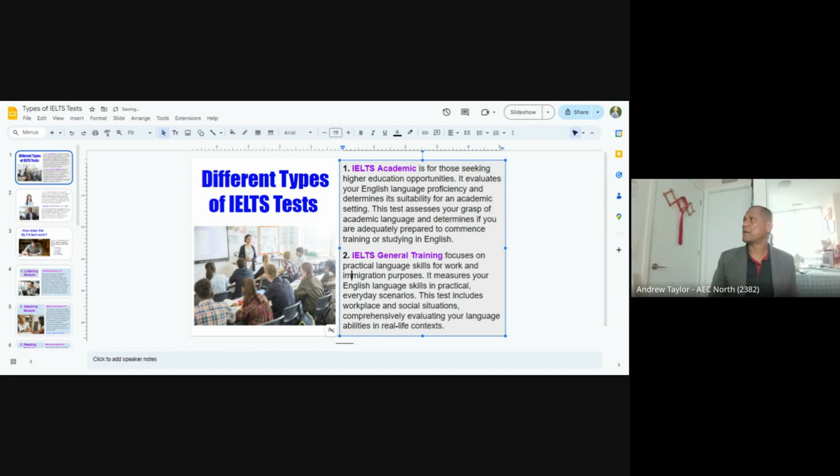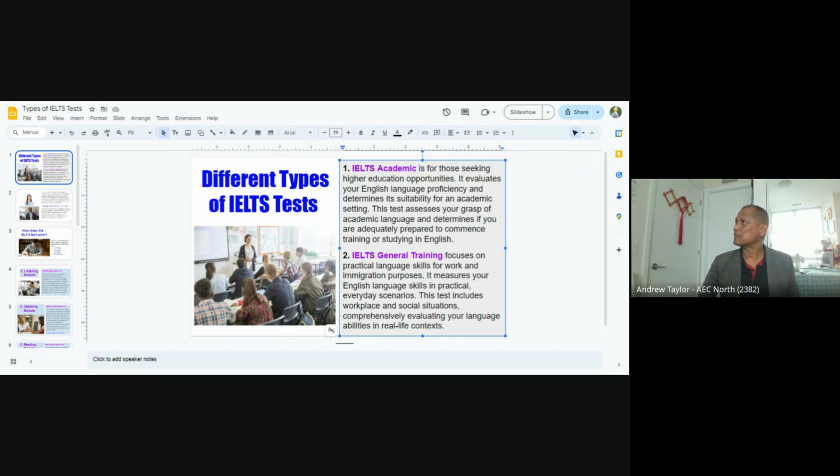Okay, for immigration purposes. Like most English-speaking countries, if you are coming to Canada as a professional, they want to know if you can speak English. So they require that you pass the IELTS test.